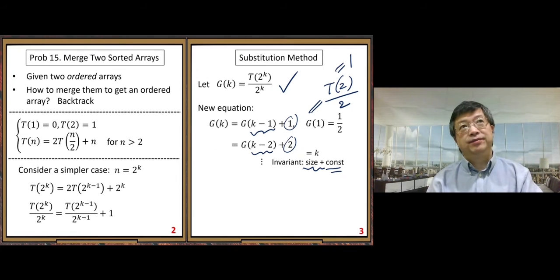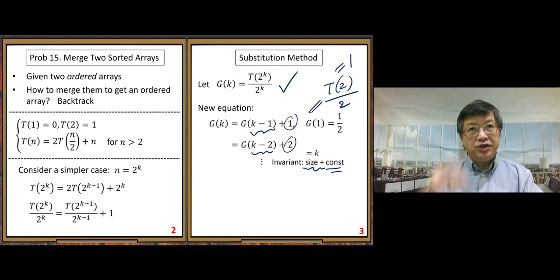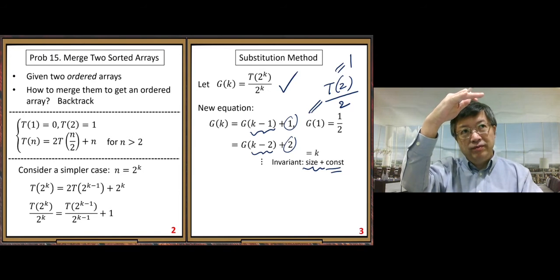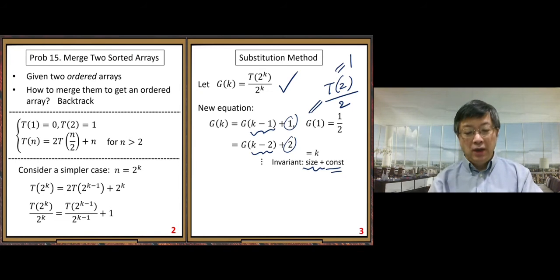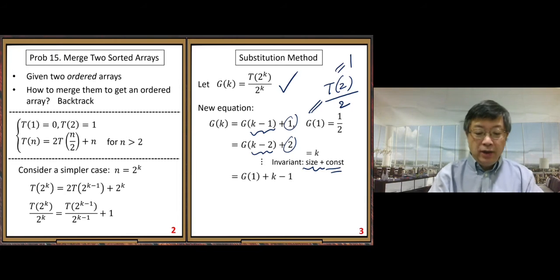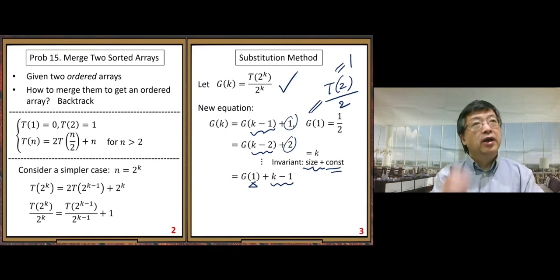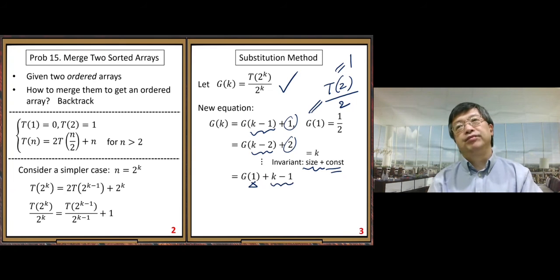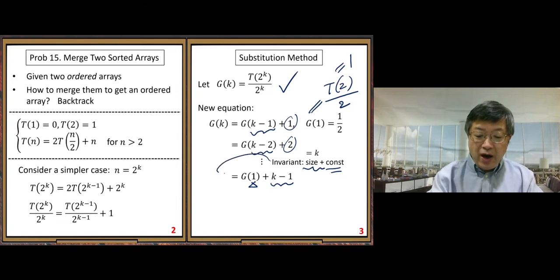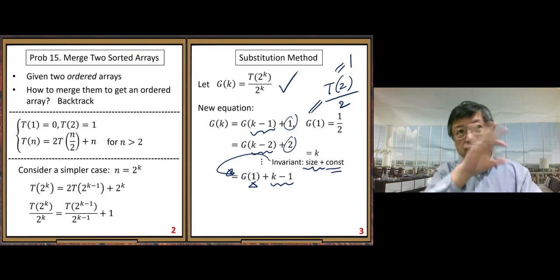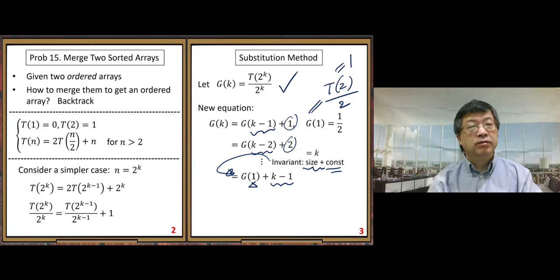That's the invariant; it never changes from top to bottom. When we reach the bottom, the size number is 1, and the constant term is k minus 1. So we won't get lost. When we use the invariant to keep track of the relationship between size and constant term, we will never get lost.